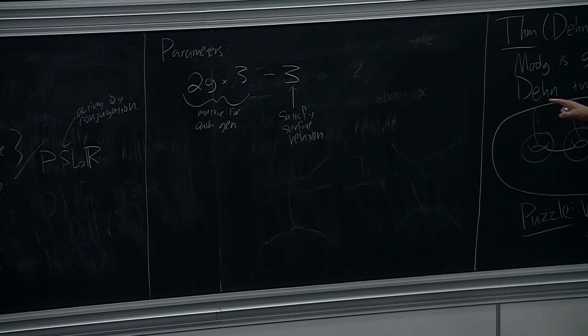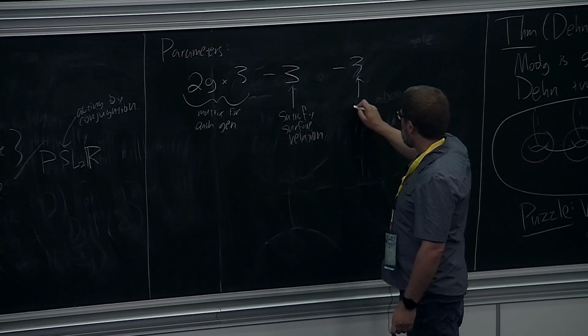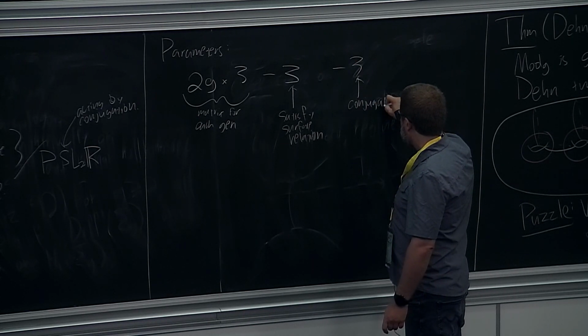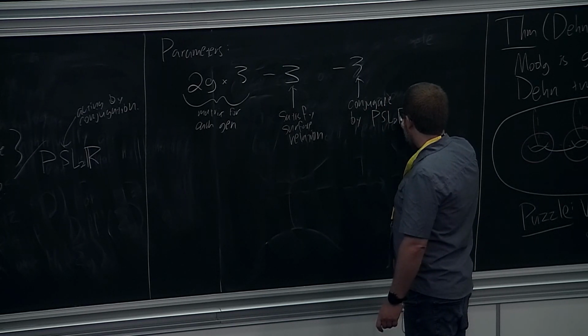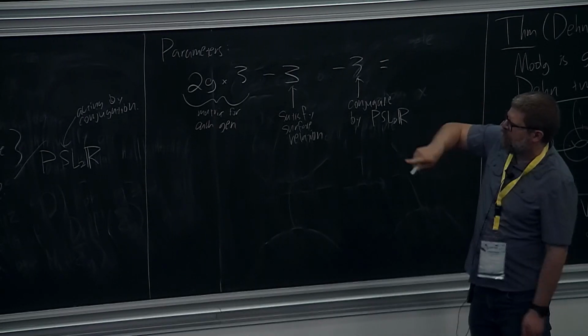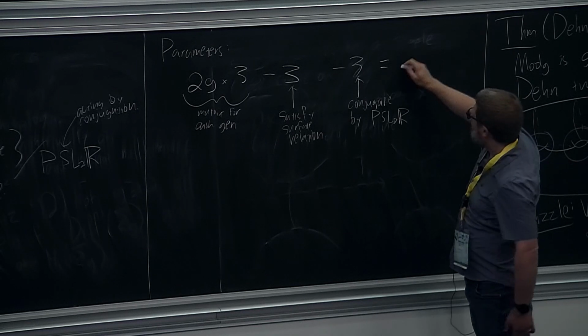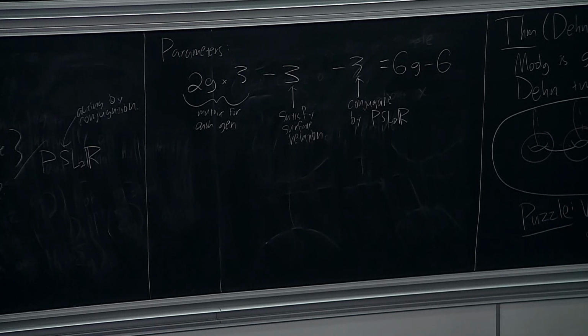But then they have to satisfy 1 relation, so you lose 3 degrees of freedom, and so then minus 3, that right there is conjugation by PSL2R, to mod out by conjugation. So the parameters that you need to parameterize Teichmuller space naively are 6G minus 6. Okay, naive. As I said, very naively. That's not an argument. It's just an intuitive reason why that number comes up.